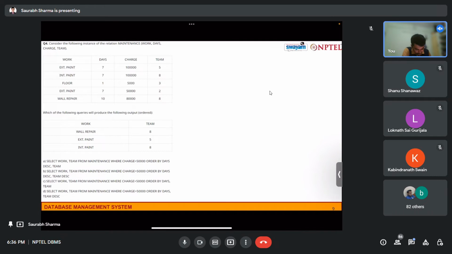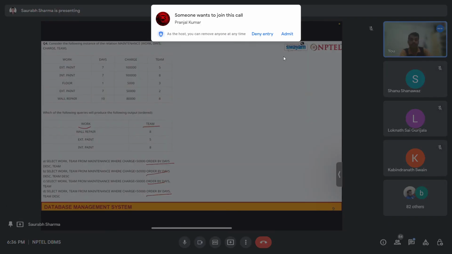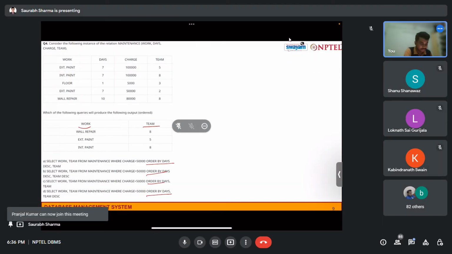It says select work and team from maintenance where charge is greater than 5,000. Till this we are the same. Now we have to just see the order by statement. There are 4 kinds of orders, and we have to see which order is proper for the output.